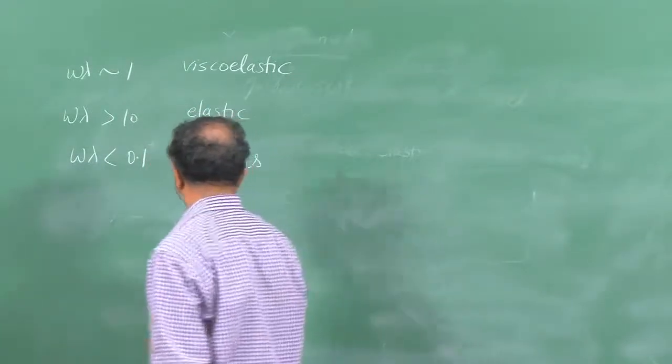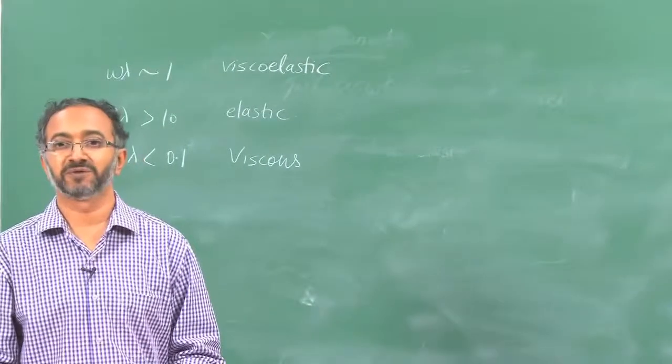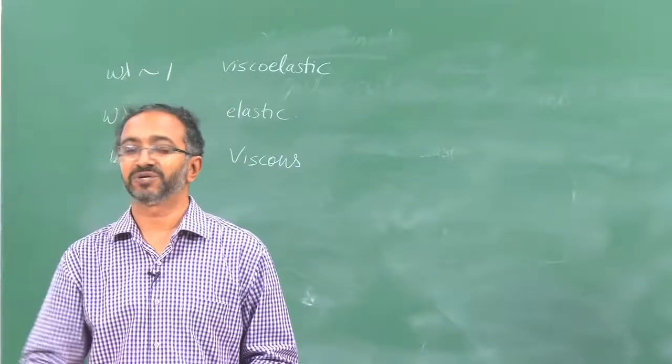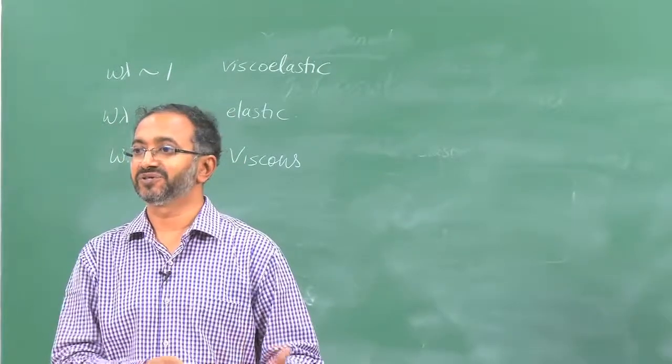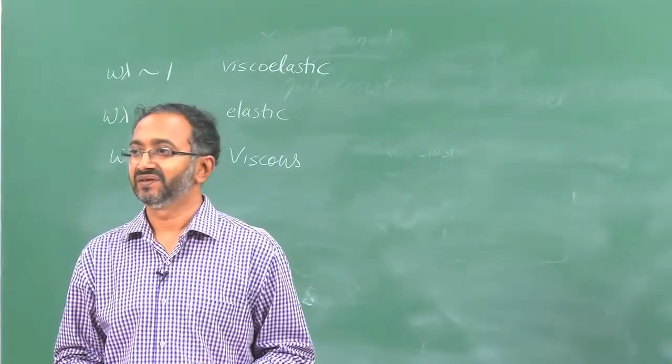Now, if I take a material and measure its G prime, G double prime and observe that I do not get elastic response on one side and viscous response on the other side, then what do I conclude? Right.